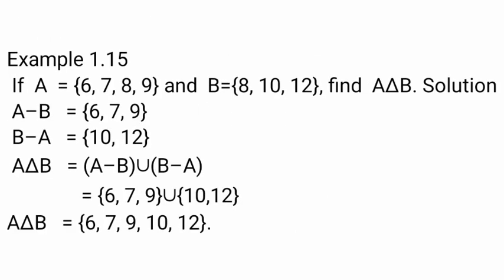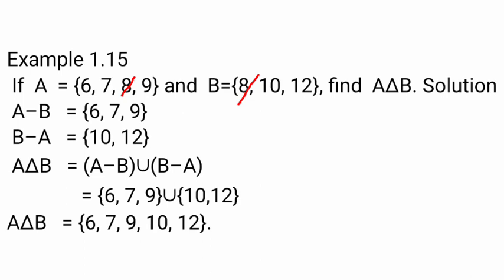Example 1.15. If A equal to {6, 7, 8, 9} and B equal to {8, 10, 12}, find A delta B. A delta B means symmetric difference. Solution: what is the formula of symmetric difference? A difference B union B difference A. First we find A difference B and B difference A. A difference B means we cancel the common element of both sets and write the remaining elements of the first set A. Therefore, we have 8 as the only common element.